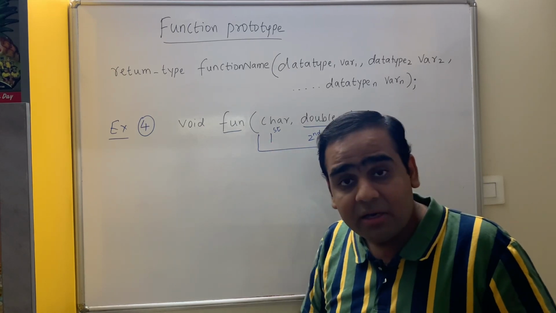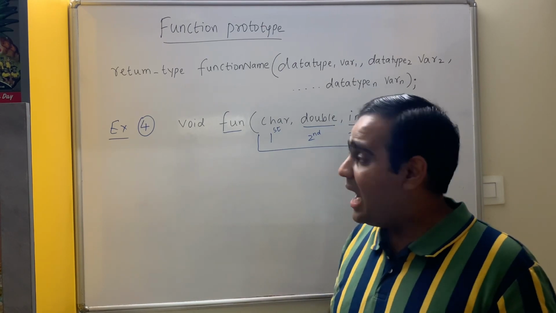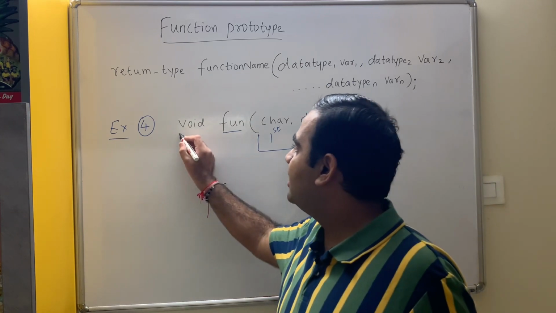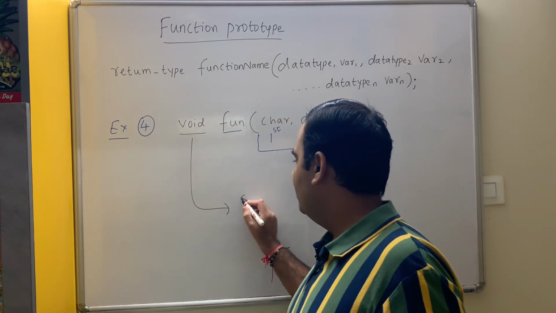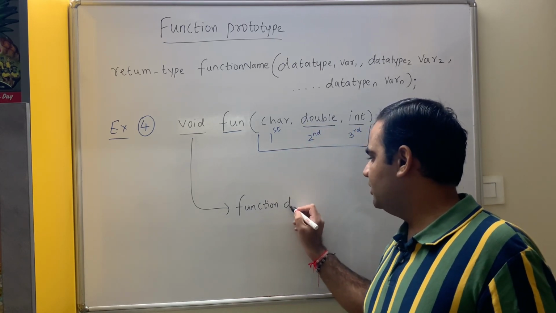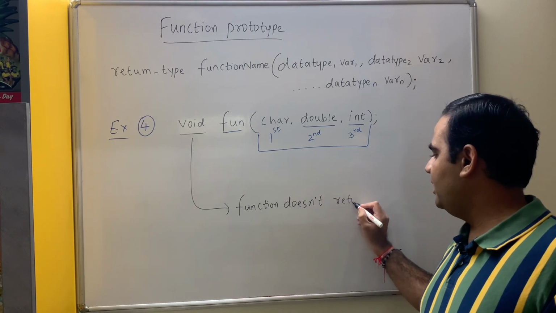These parameters should be in one-to-one correspondence. And it does not return any answer if the return type is void. It means the function does not return any answer.